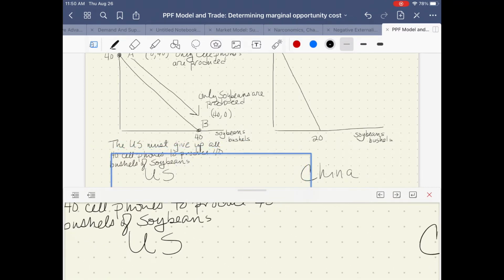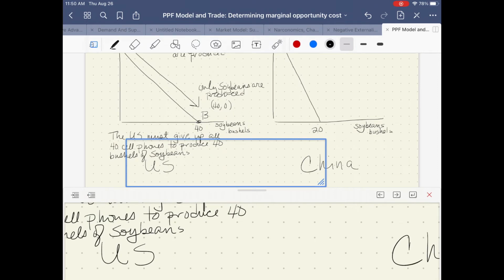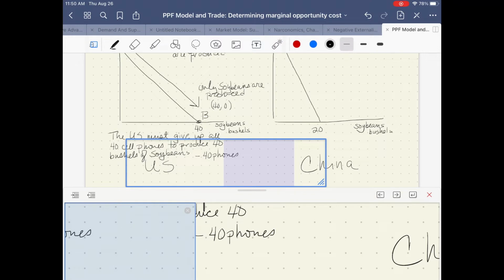Slope is a relationship between x and y that's determined by delta y, the change in y, compared to the change in x. In economics, it doesn't really matter which way you're moving; it's a relationship between the two. So minus 40 cell phones would allow plus 40 bushels of beans.